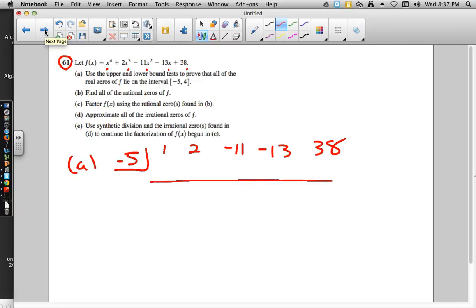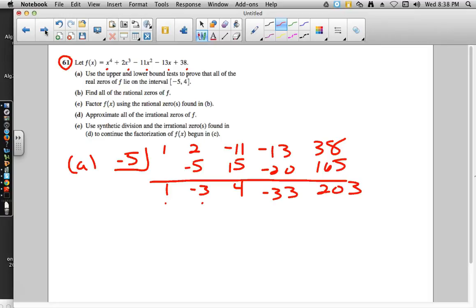And if this is the lower bound, we should see an oscillation of positive, negative as we go through. So bring down the leading coefficient, multiply times -5, add that to 2, multiply -3 times -5, get 15, add that to -11. -5 times 4 is -20, so now we have -33, and we multiply that by -5, and we get 165, and we add that and get 203.